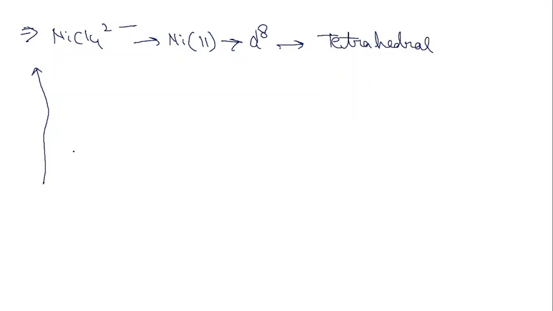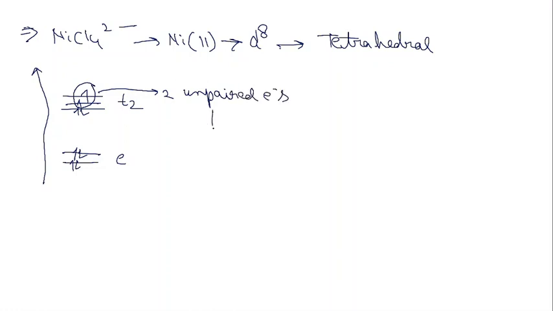I am writing clearly, so that anyone absent from the class can also understand. Now I'll fill the electrons. So it has 2 unpaired electrons, so it is a paramagnetic species.